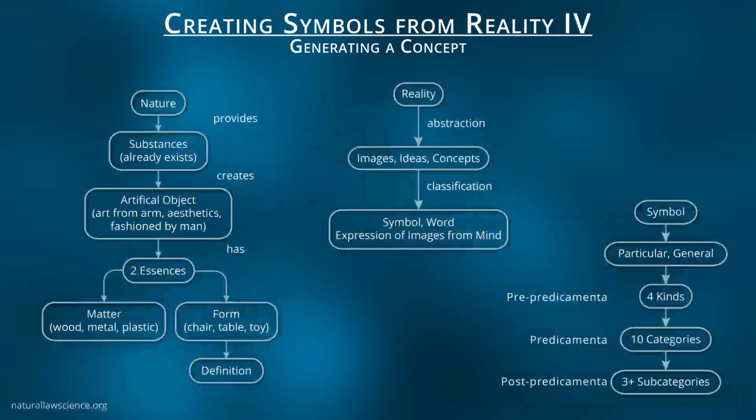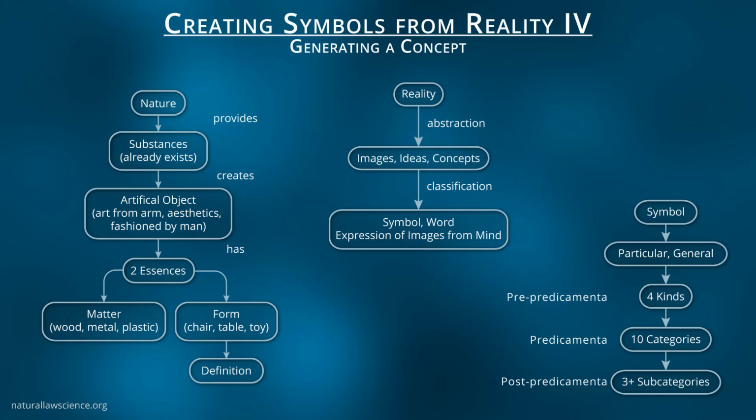Image number 8. Alright, I believe this is the last part. Number 4, part 4 of creating symbols from reality, generating a concept. Again, these are just flowcharts on understanding how we go from reality to generating an understanding of reality. Nature provides the substance that already exists.